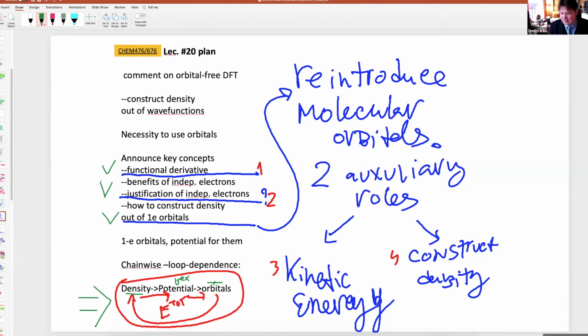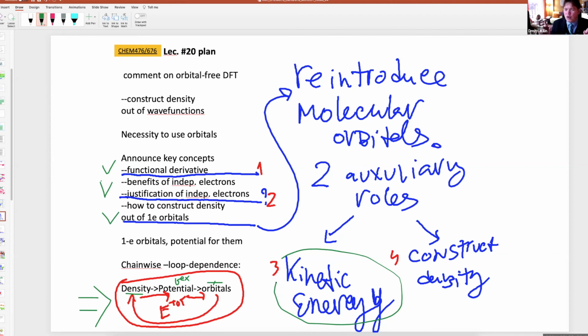On the other hand, through our experience in Hartree-Fock theory and through basic concepts of quantum theory, there is a really comfortable procedure of extracting kinetic energy, the first part of the functional, out of orbitals.